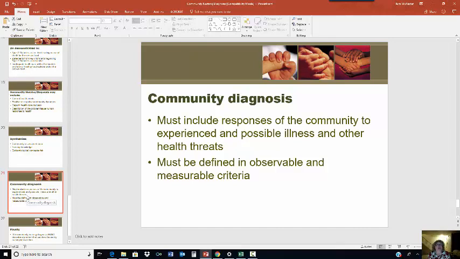So how have they responded to it? And it has to be defined. The community nursing diagnosis has to be defined in observable and measurable criteria. You've got to state what's going on and what the problem is in a way that we can address it.